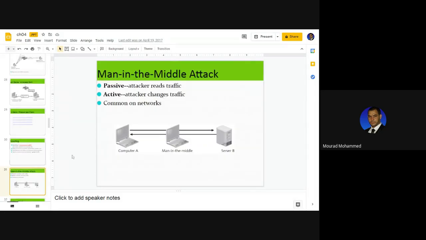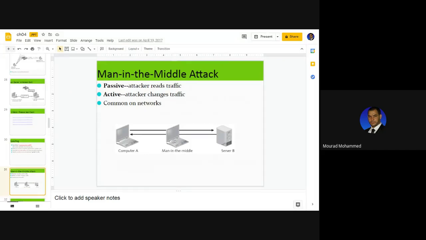In all cases, whether we are talking about an active or passive attack, whether sniffing or spoofing, a man in the middle attack is happening. What does it mean? It means there are communicating parties A and B, and somebody is getting in between without consent.